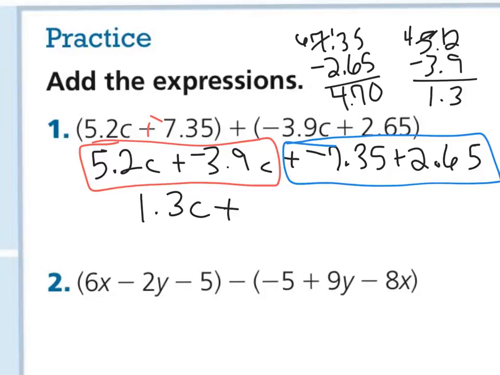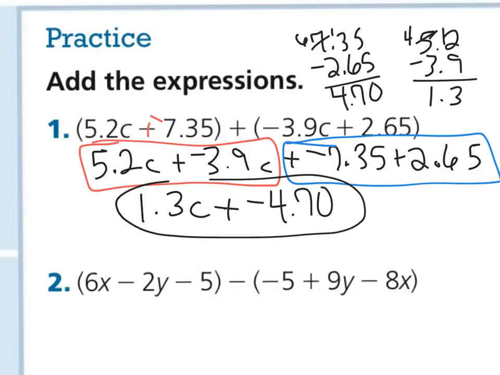Alright, so that's going to be a plus a negative 4 70/100ths, or if you just put 4 7/10ths, we don't really need that 0 on the end of that if we don't want. Another way you could write this would be to say 1 3/10 C minus 4 7/10ths, or minus 4 70/100ths. Either one of those would be fine.